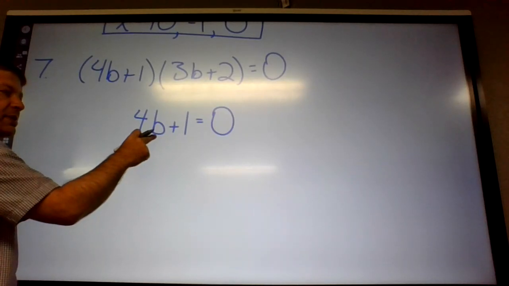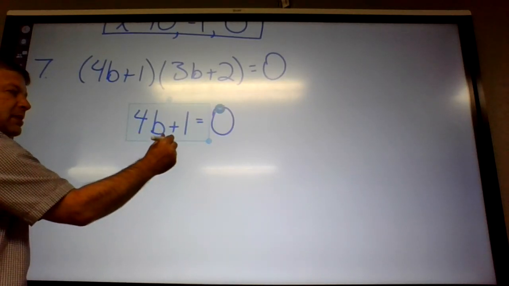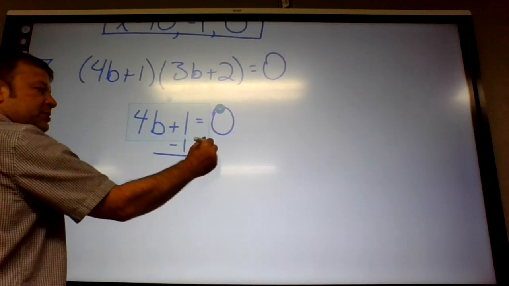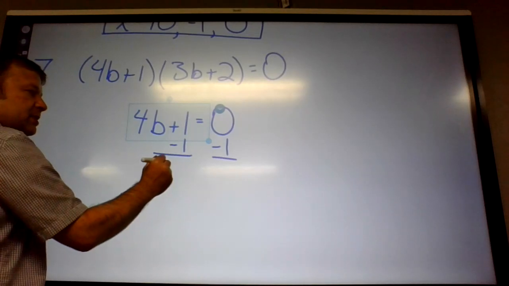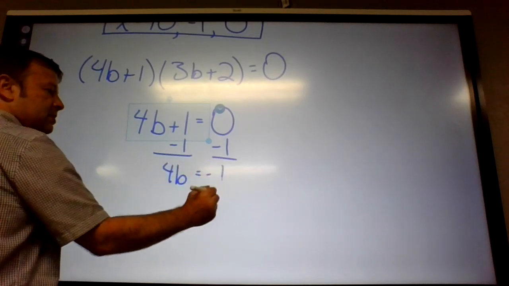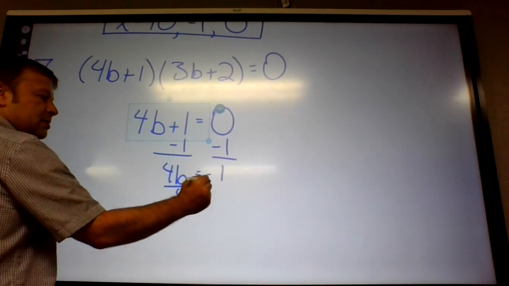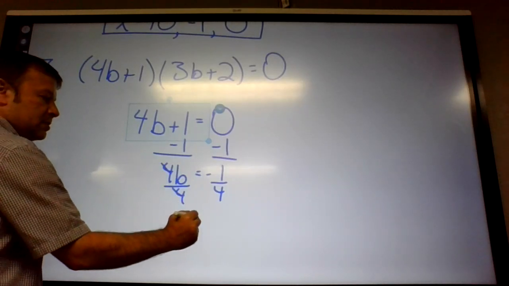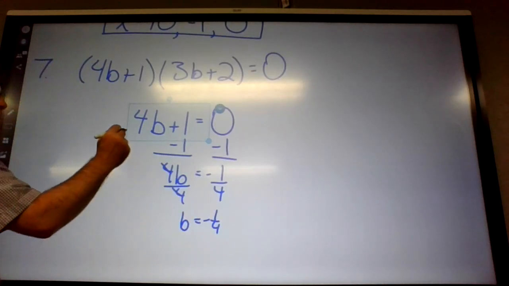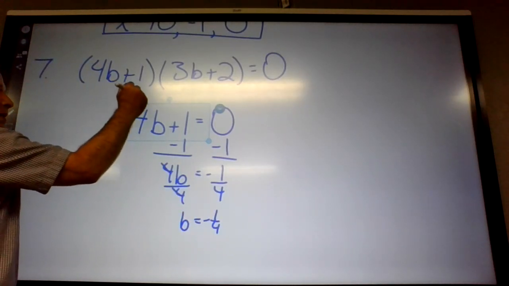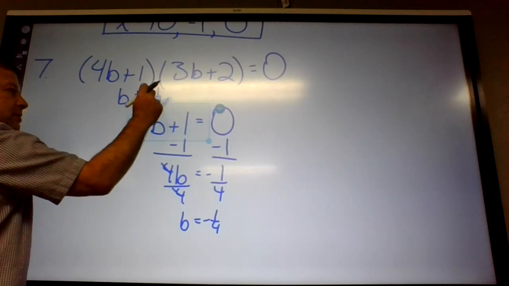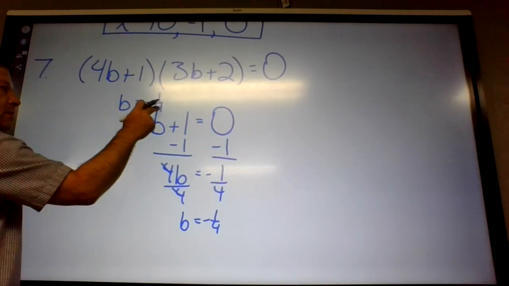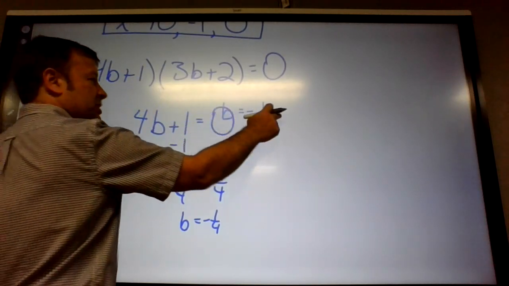Then I can use algebra and solve this for b. -1 divided by 4. Is it -1/4? Yeah, it's -1/4.